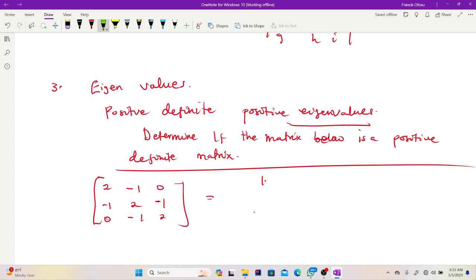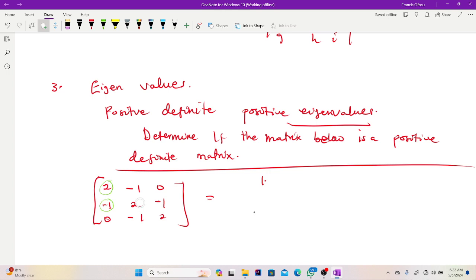So the first row, I'll have 2 here as my pivot, right? So 2 here as my pivot. When I come to the second row, the first non-zero entry is this one.